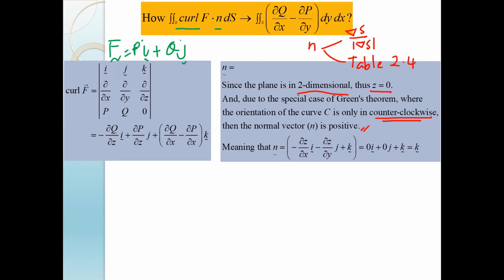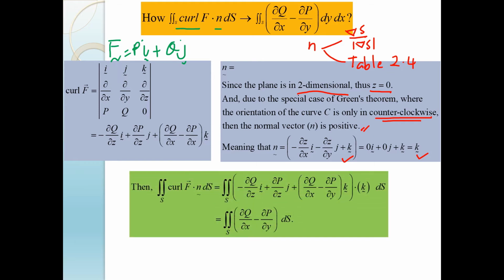So positive, we have to use this formula. Partially differentiating the function z equal to 0 with respect to x gives 0, with respect to y also 0. So we just have n equal to k. Now you find curl f dot n, and then you will get this formula.